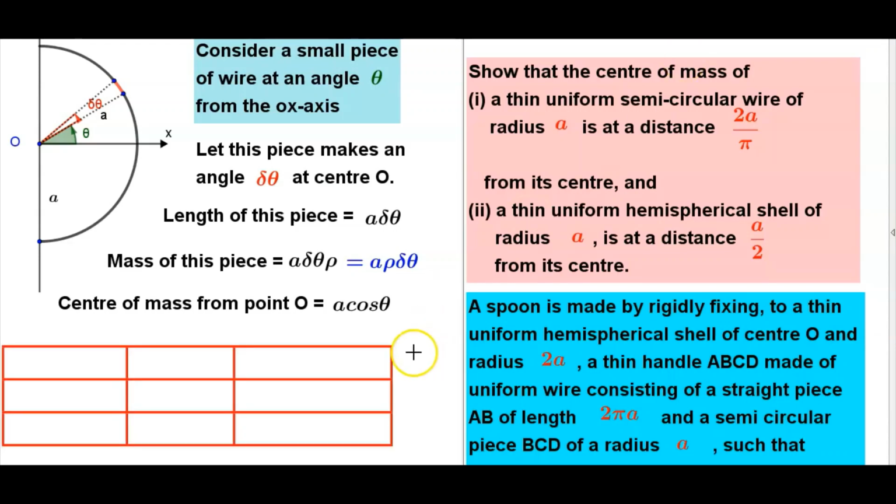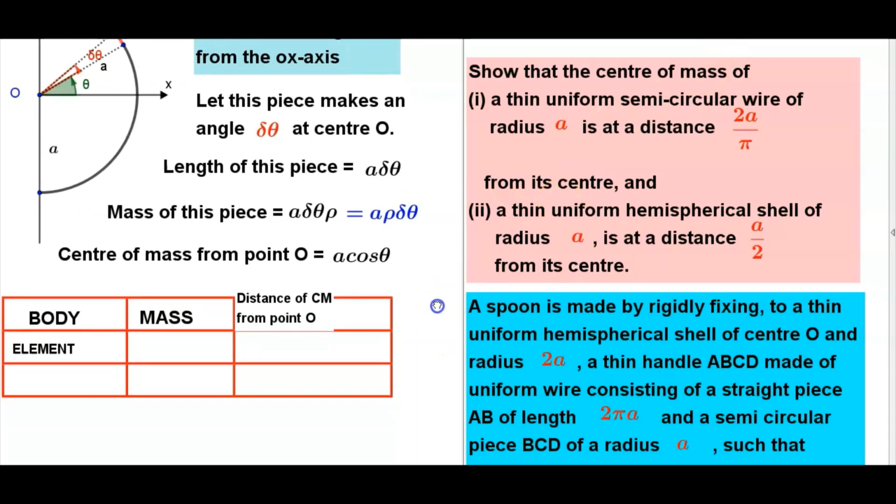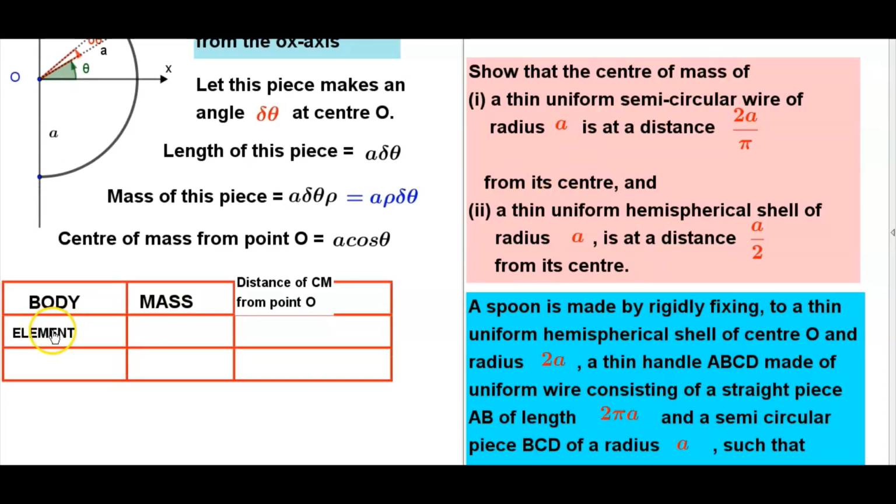Now we are going to make this semicircular wire by considering so many small pieces. We make a table. The first body is the small element, a small piece of wire.